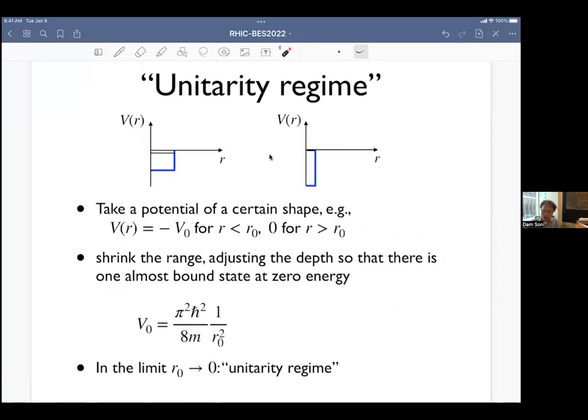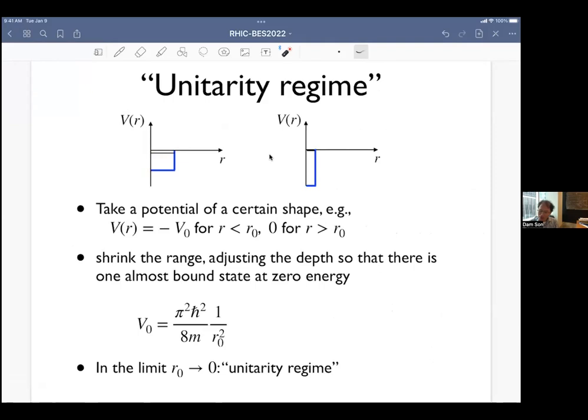The unitarity regime can be imagined the following way. Let us take a system of 2 particles interacting through, for definiteness, a square well potential, tuned in such a way that there is a bound state exactly at 0 energy. So the depth of the potential and the size of the potential are such that there is exactly 1 bound state at 0 energy.